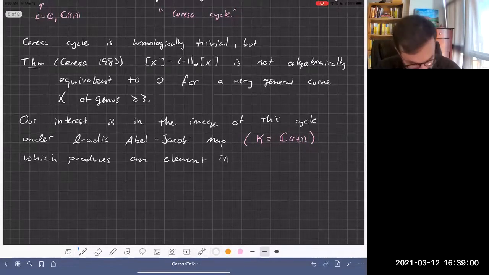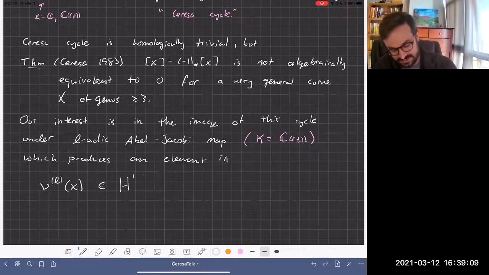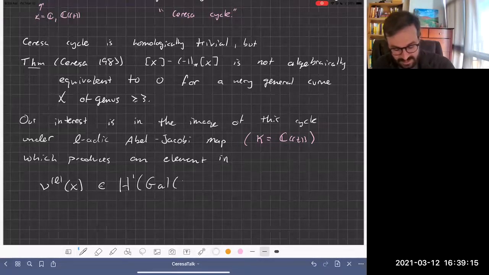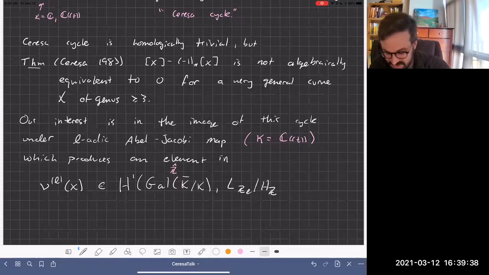We'll call this class nu upper L of X. It lives in H1 of Gal(K bar over K), the absolute Galois group of C double parentheses T, which in this case is just Z hat, with coefficients in L Z_L mod H Z_L. Let me define what these spaces are.